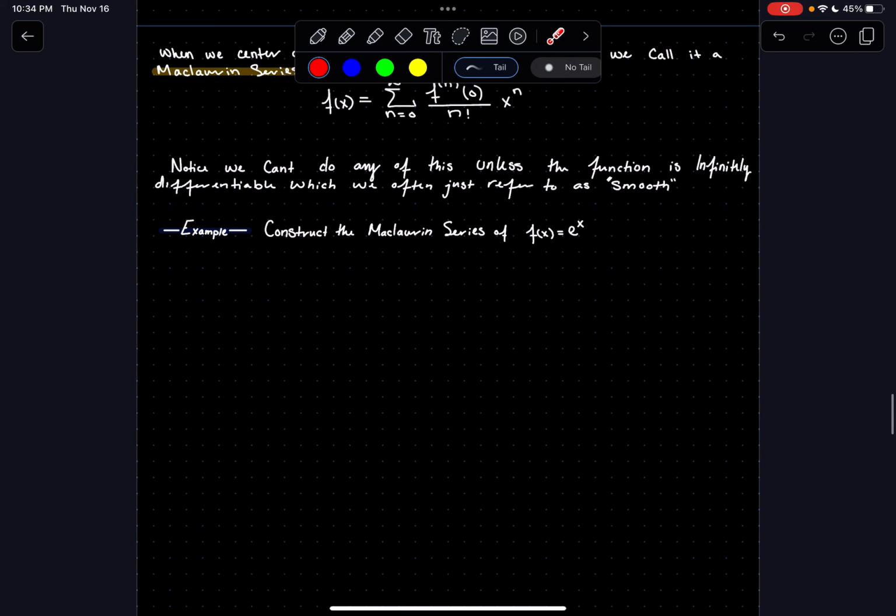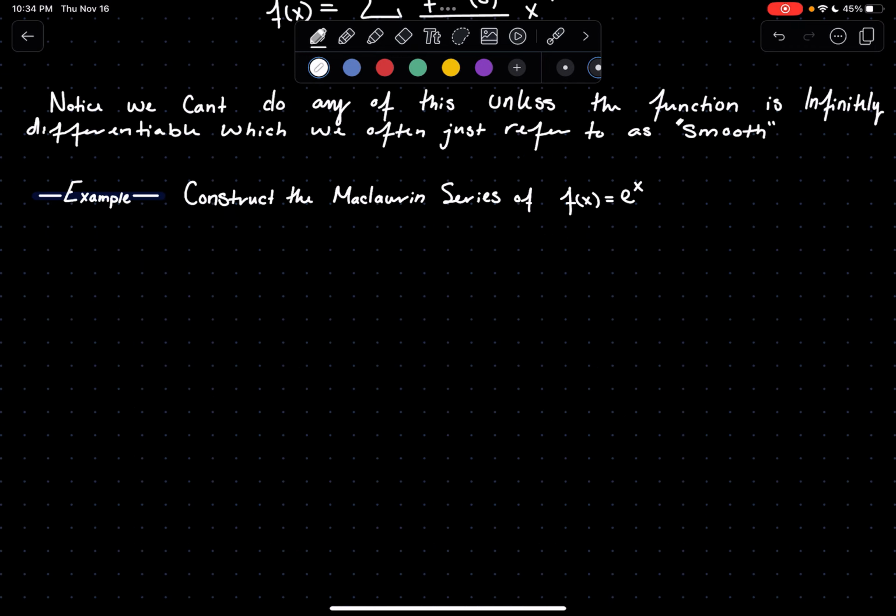Okay, so let's construct a Maclaurin series for this function e to the x, right? So in this case, we know f of x is going to be equal to some series of the form n equals 0 to infinity of a sub n x to the n, right?